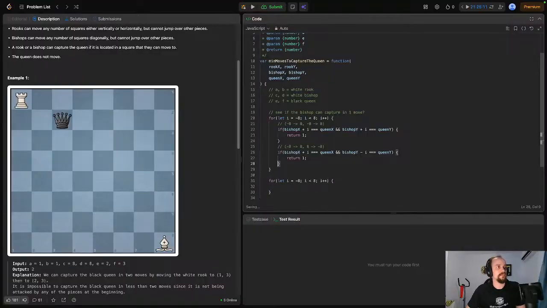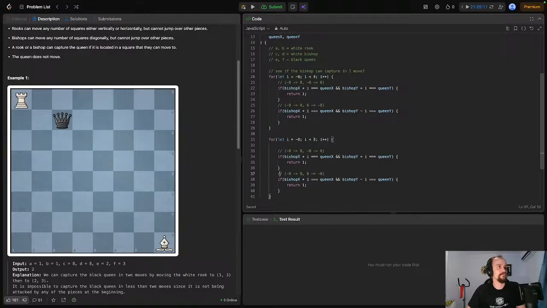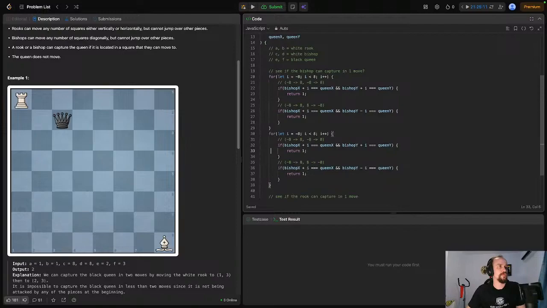And then it's very similar, except it's going to be the rook. We don't apply y for one of the coordinates, and we don't apply x for the other.